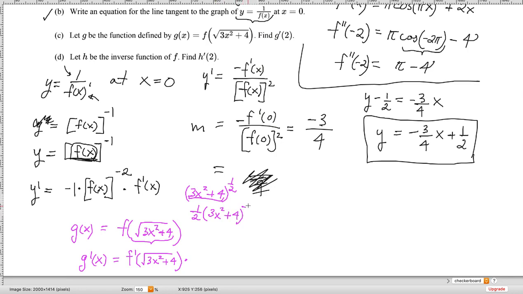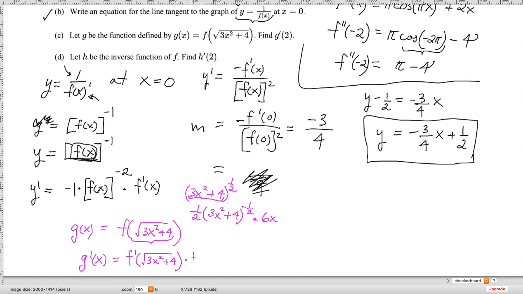So this becomes 1/2 times the derivative of the inside. In this case, the derivative of the inside is just 6x, and that's because of chain rule, right? The derivative of 3x squared is going to be 6x, and then the derivative of 4 is just 0. So that's my derivative of the inside.